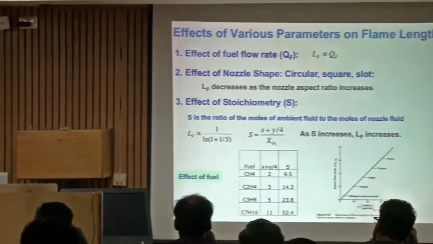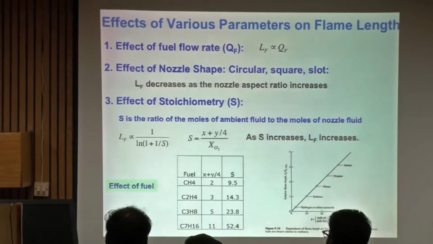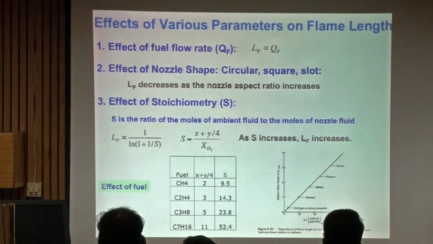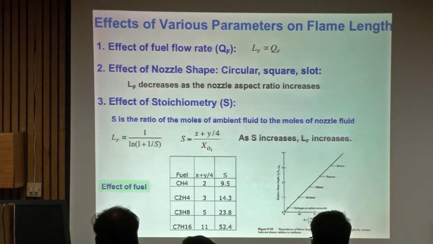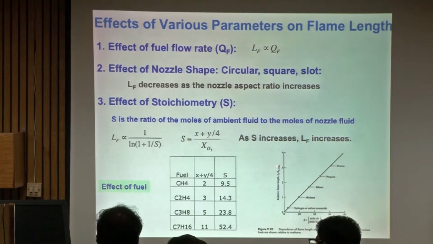So we can also discuss the effect of changing the mole fraction of oxygen in air on the flame height or flame length. All you have to do is, instead of 1, you say that's the mole fraction of oxygen. For standard conditions, what will be the value? 0.21, which gives a factor of 4.76.